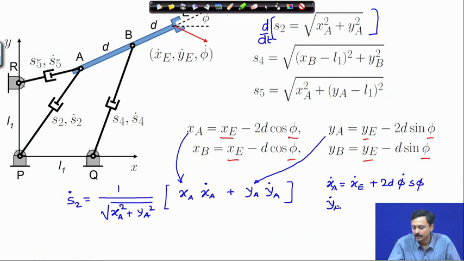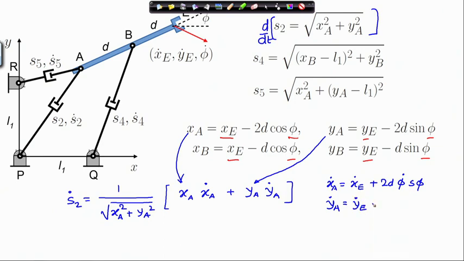Similarly, y a dot is y e dot minus 2 d phi dot cosine phi. So, these also you can replace. Finally, S 2 dot will be something times x e dot plus something times y e dot plus something times phi dot.